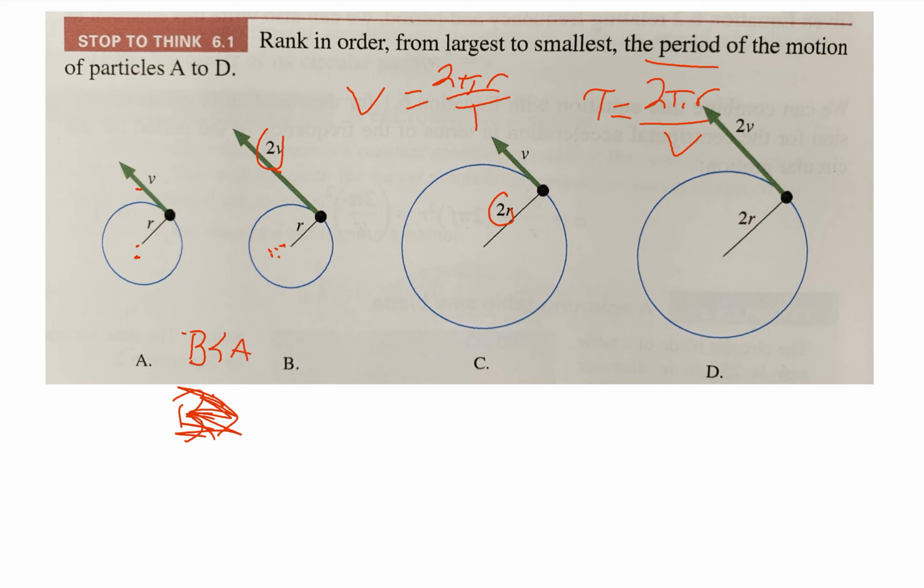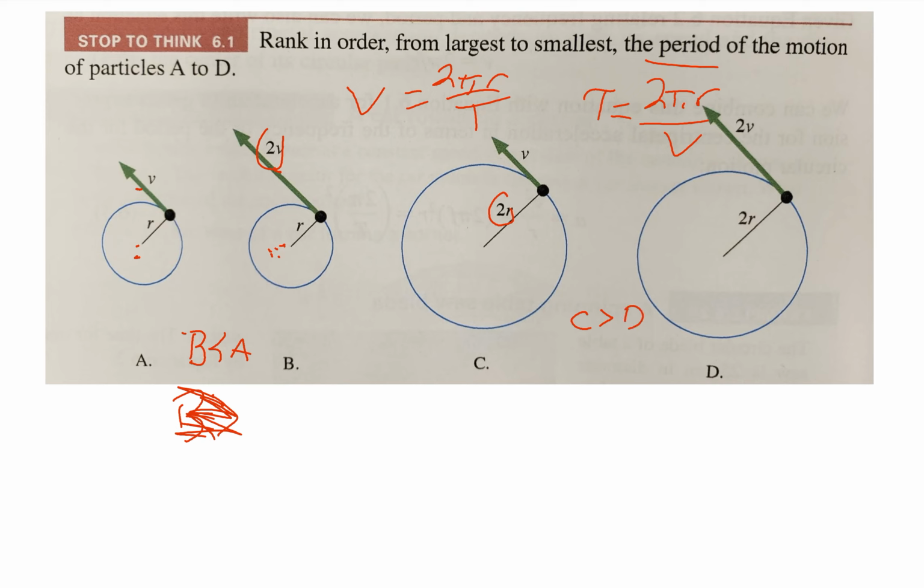Okay? Now, take a look at C and D and compare those. We have the same radius, but D is going to go around twice as fast as C because it has double the velocity. So that means that C has a greater period than D does, okay? D's period is less.